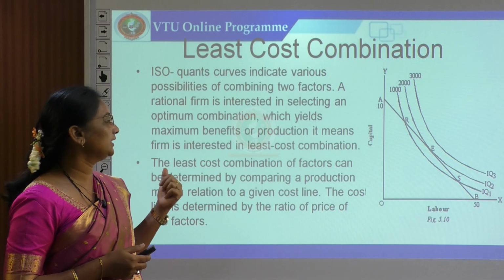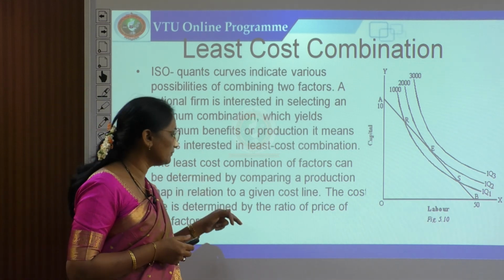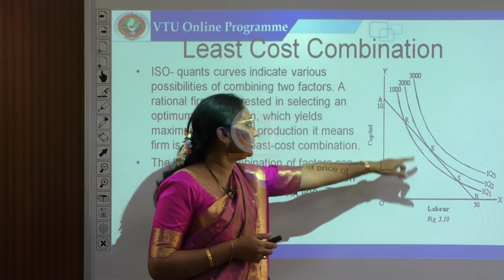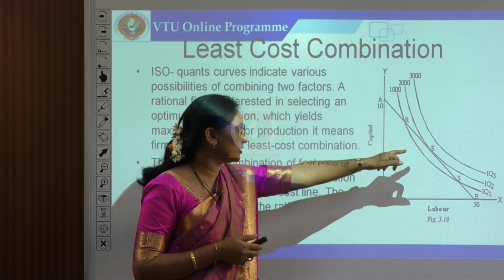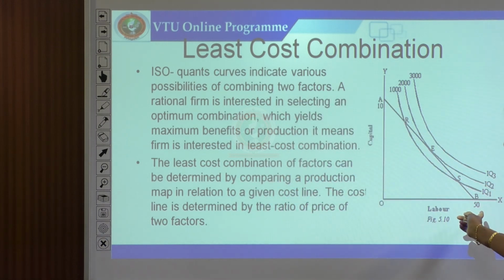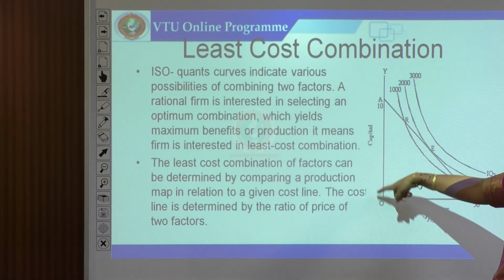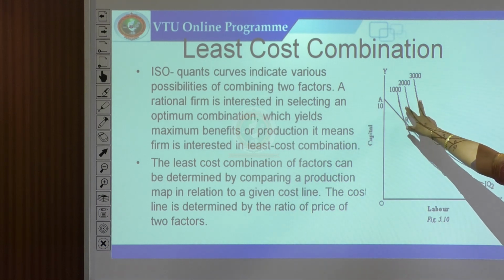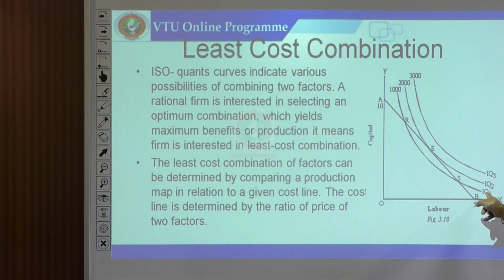That is the least cost combination. Here we are using two different curves, the cost line and the isoquant curves. AB is the cost line. They are using 10 capital and 50 labor as the budget line or cost line here, with three different isoquant curves, isoquant 1, 2 and 3.